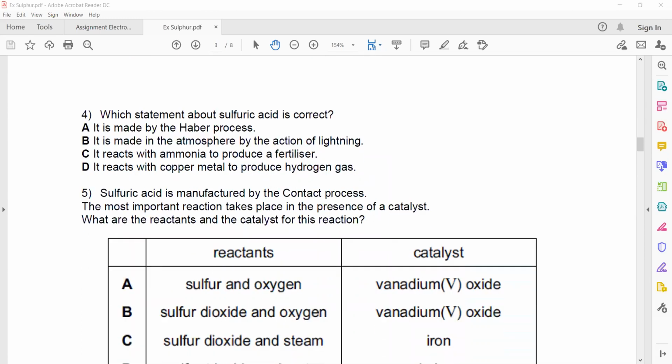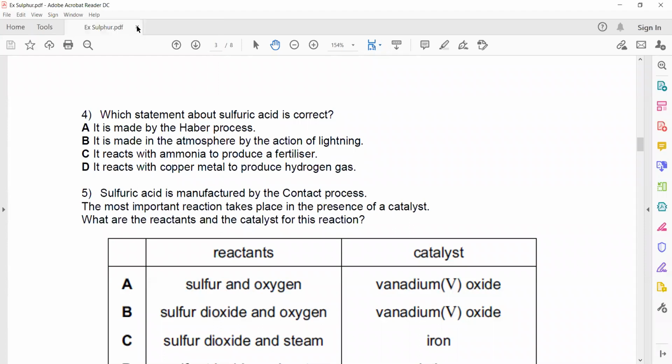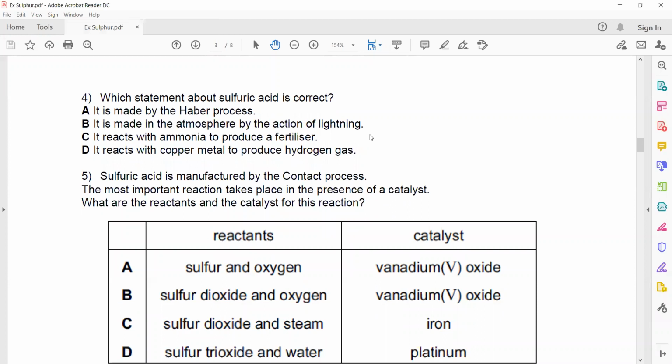In question 4, which statement about sulfuric acid is correct?